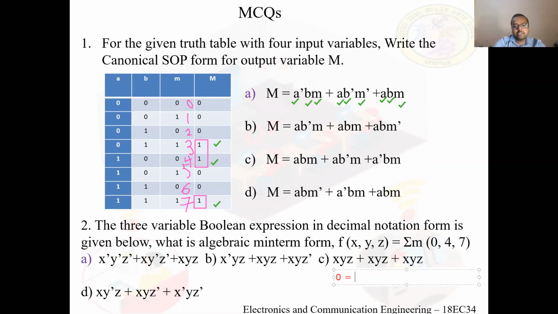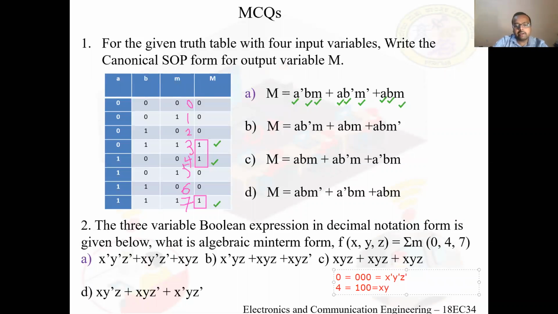Zero. How do you write 0? Since there are 3 input variables, how do you write it down? This is X bar, Y bar, and Z bar. Similarly, 4. How do you write 4 now? It is 1, 0, 0. And we know that here X is the MSB bit, Z is the LSB bit. Now how do you write it?